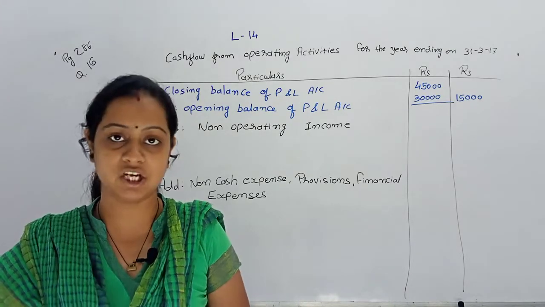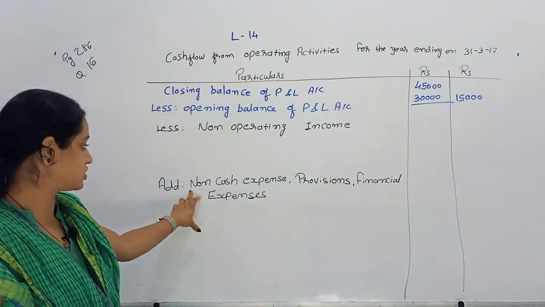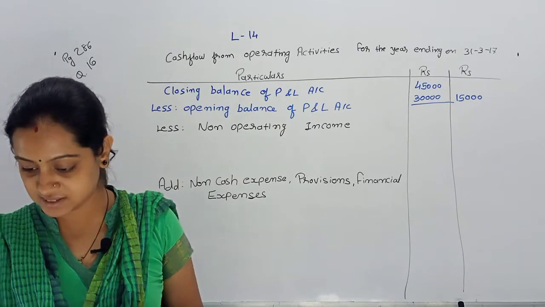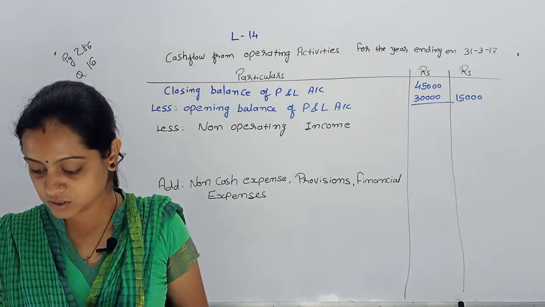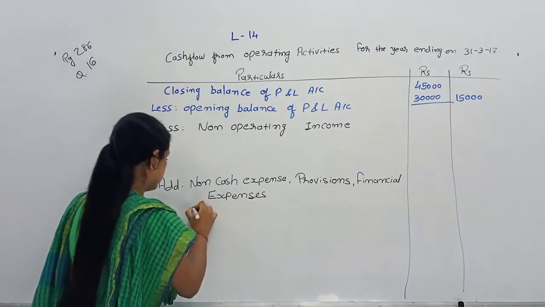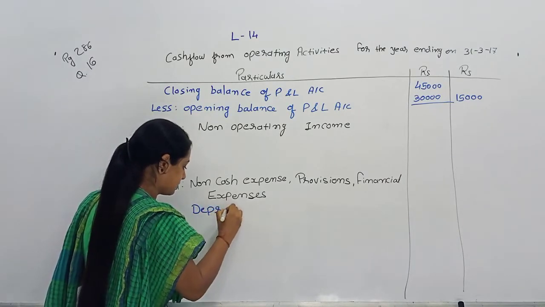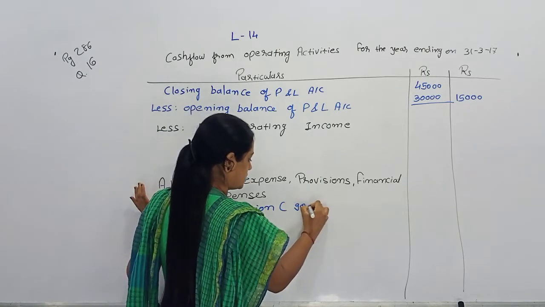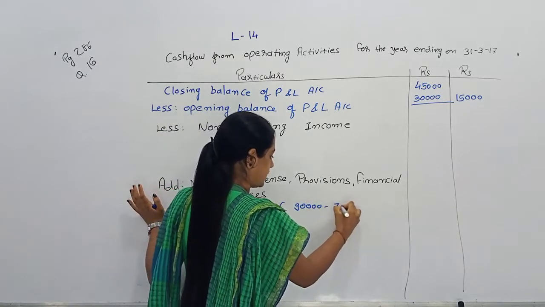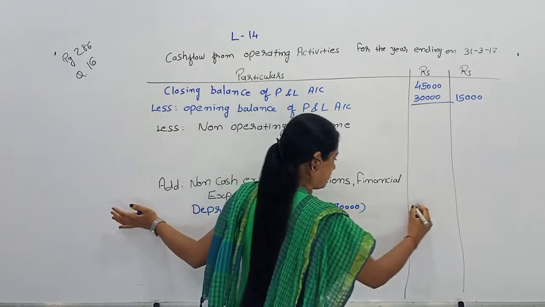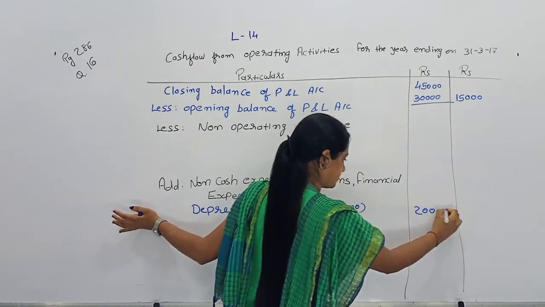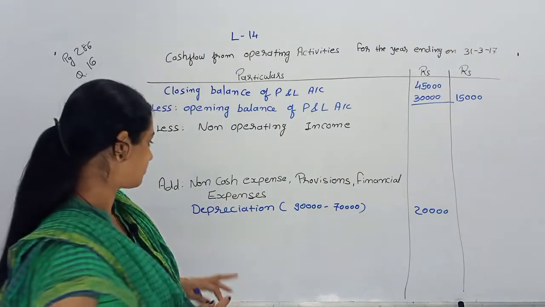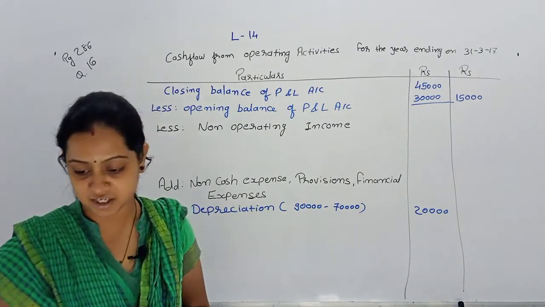Then comes depreciation. Depreciation is our non-cash expense. So we have to add. Depreciation amount is 70,000 and closing amount is 90,000. So depreciation has been increased. 90,000 minus 70,000 and our answer will be 20,000. Next, goodwill. Goodwill is our intangible assets, right?